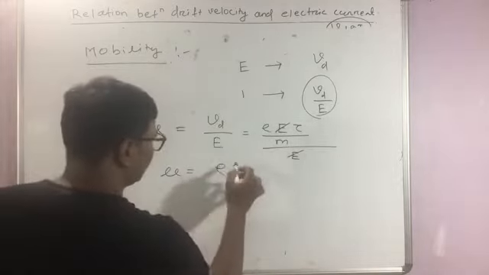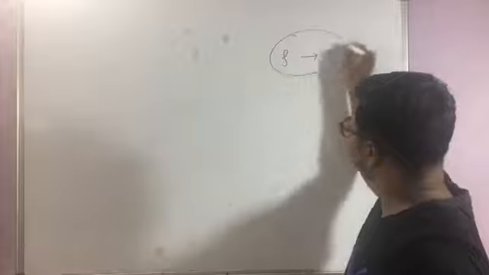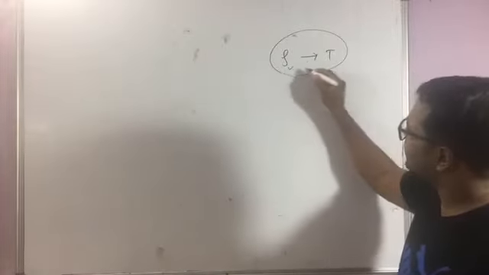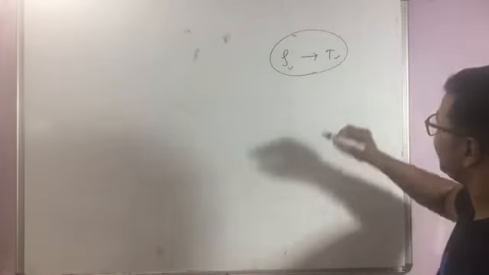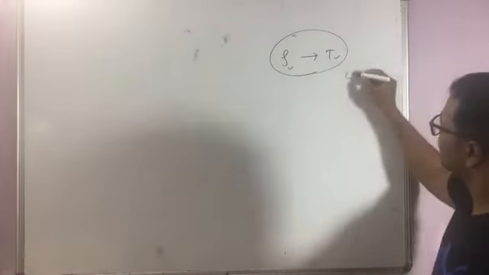That day we plotted three different varieties of graphs of the variation of resistivity with temperature: for conductors, semiconductors and insulators.